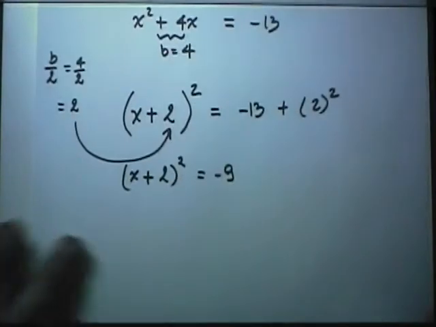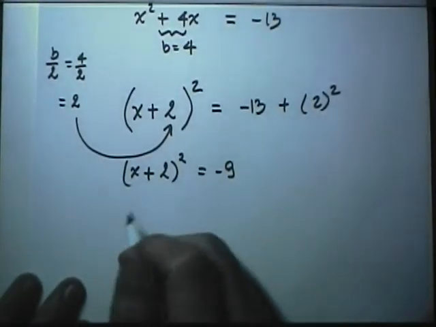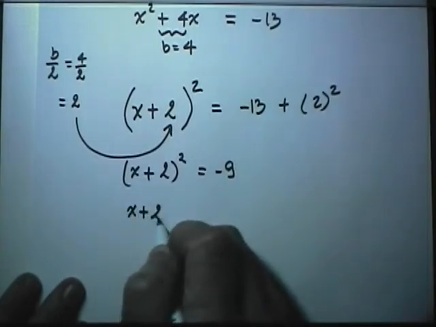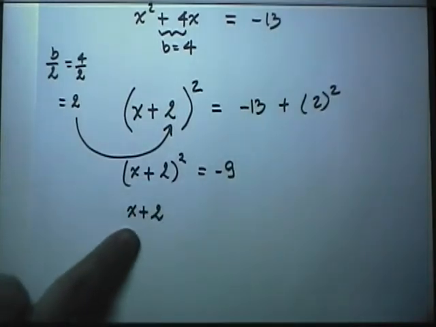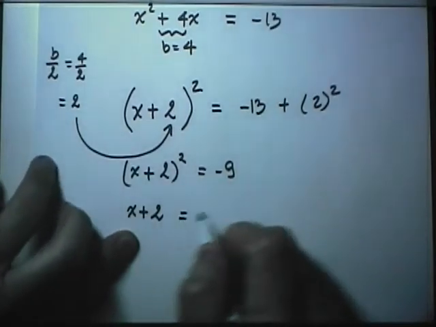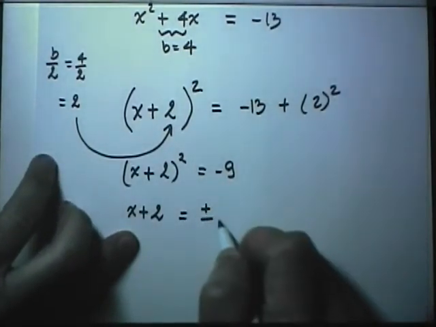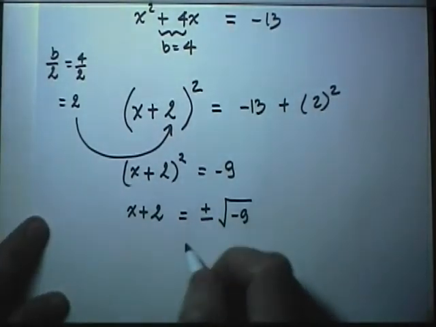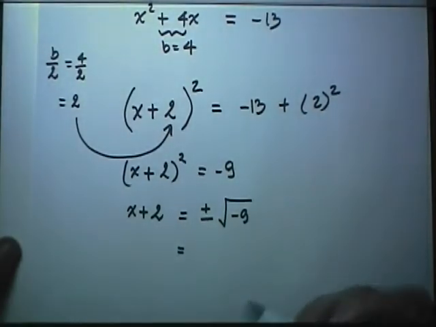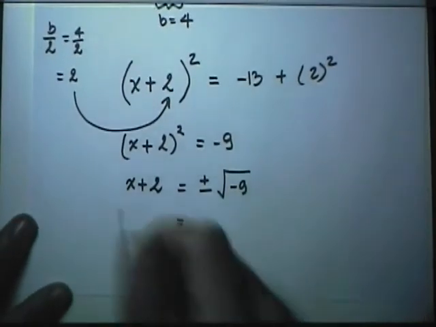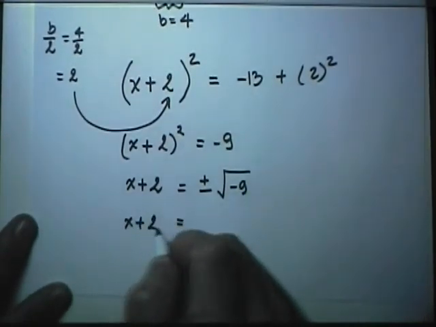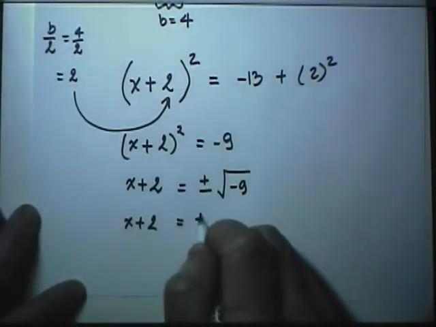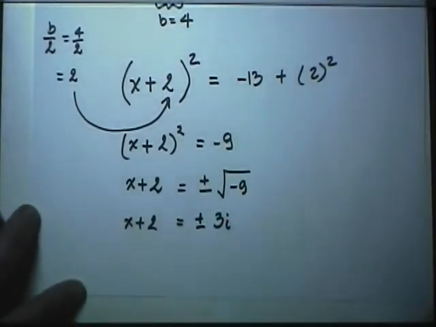So using the square root property, we have x plus 2 on the left side, without the square, equals plus or minus the square root of a negative 9. And then now, since we have learned something about the imaginary number, right? On the right side, we're taking the square root of a negative number. So now the right side has to be plus and minus 3i.